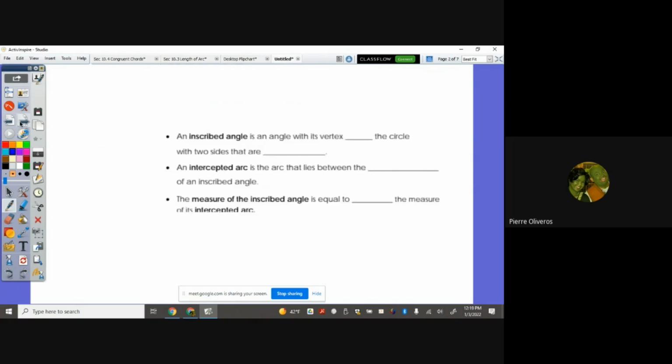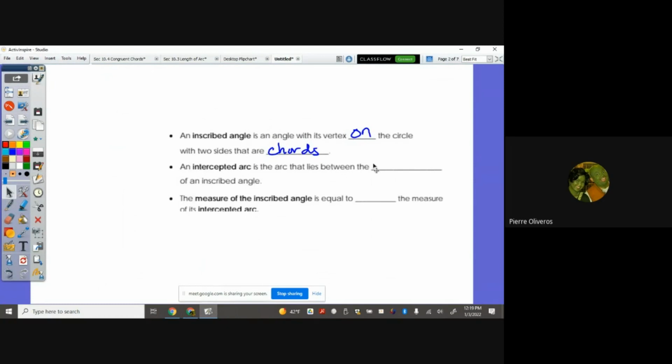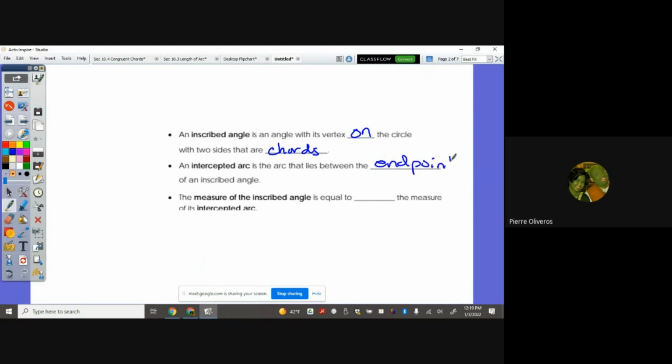So an inscribed angle is an angle with its vertex on the circle with two sides that are chords. An intercepted arc is the arc that lies between the endpoints of an inscribed angle.